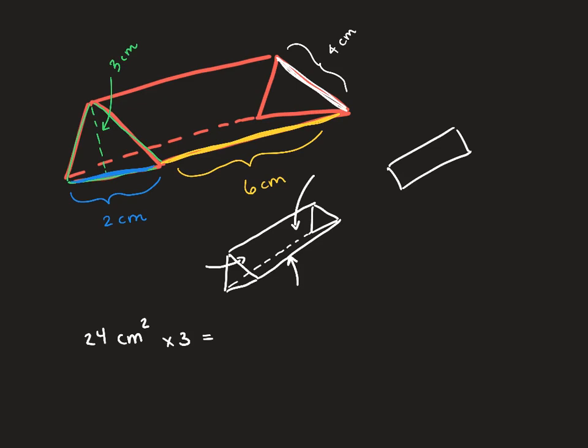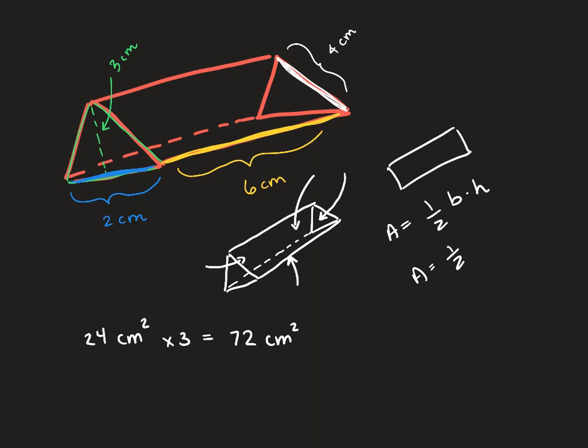That's going to be 24 times 3, which is 72 square centimeters. And then I'm going to do one of the triangles, which are both the same. I have to get the area of one of the triangles, which is 1/2 base times height.